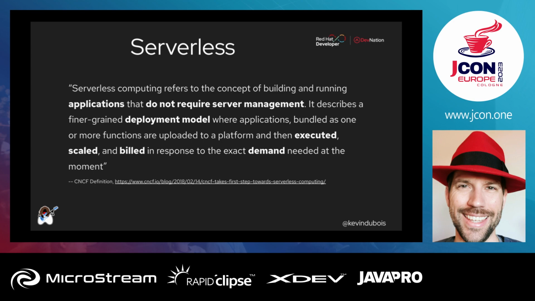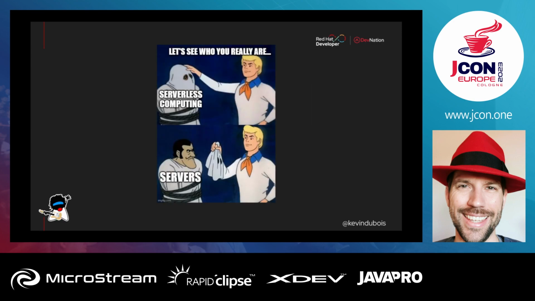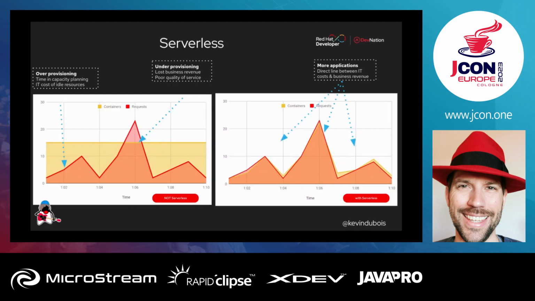You're only using the resources, let's say the electricity even, that you need in that moment. And so you can be scaled and billed based on demand. And of course, it's serverless because there's no server management. That's kind of the promise, right? And of course, everybody, when they're talking about serverless, has to say something about, yeah, but there are still servers behind. So of course, then I have to add this.